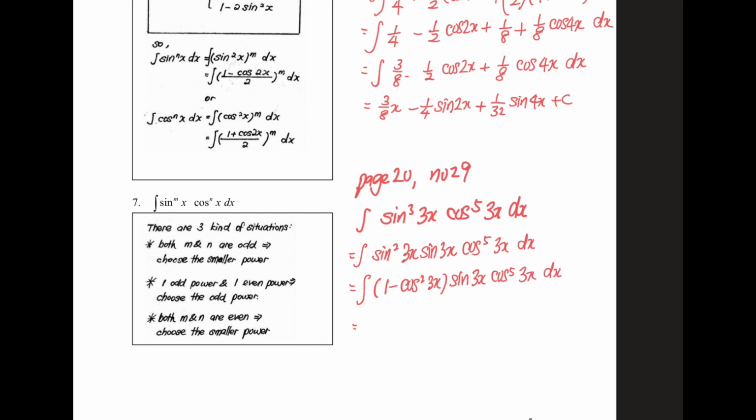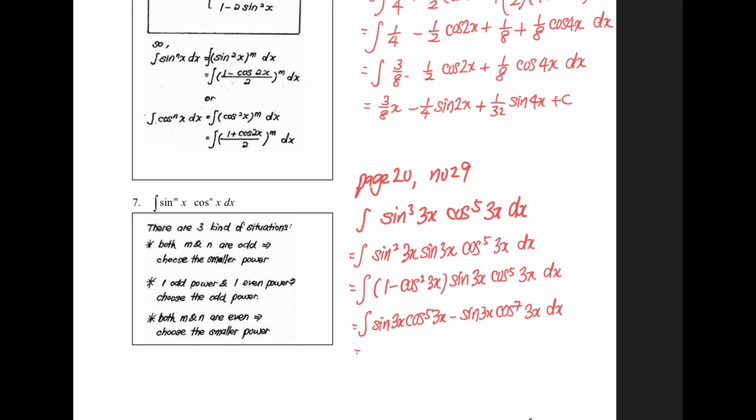Then we expand, and we will get sine 3x cos 5 3x minus sine 3x cos 7 3x dx.